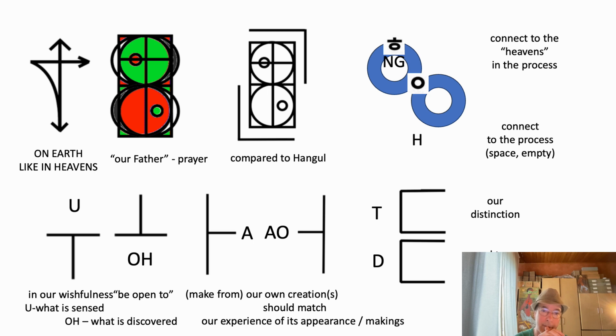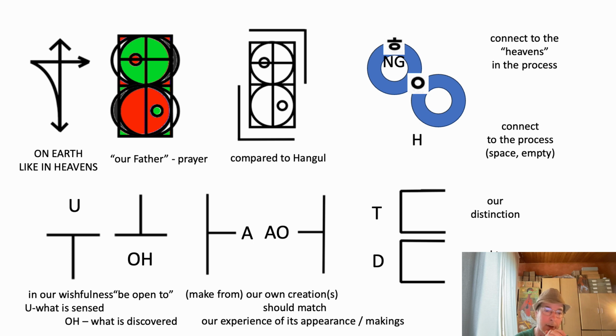So in the middle you have the H, so this is also a space, a circle. It connects to all the processes anywhere, while the Ng connects again to the heaven process, from the whole processes to what you want to connect to, the idea you want to connect to.